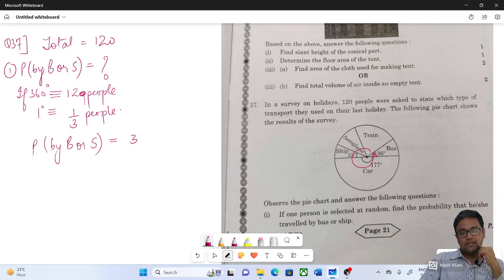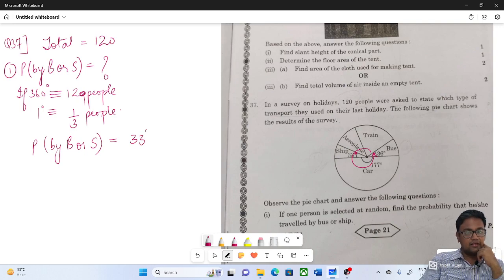So 33%, right? That is 33 degrees. Sorry, it is not percentage. I was misreading it. Sorry, 33 degrees and 36 degrees.